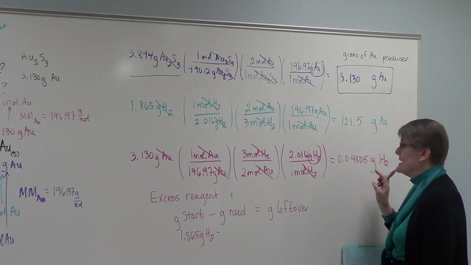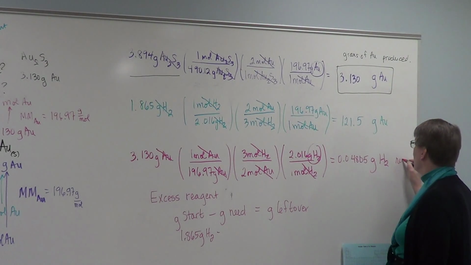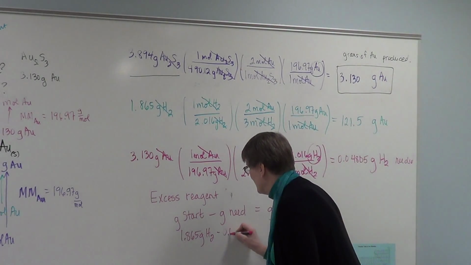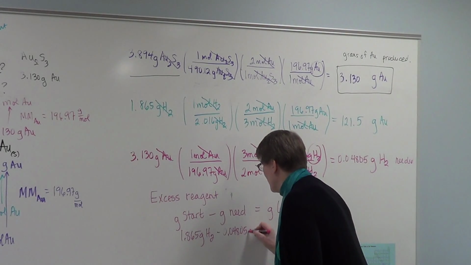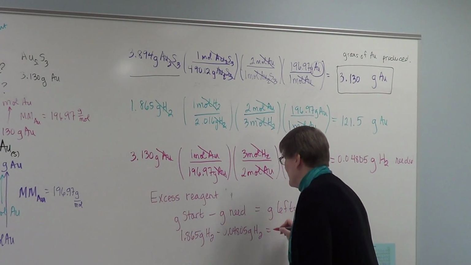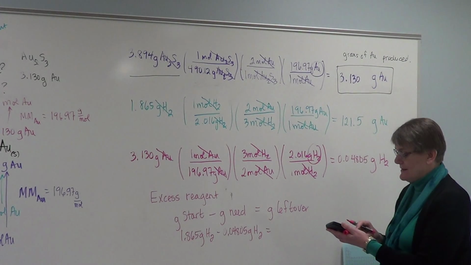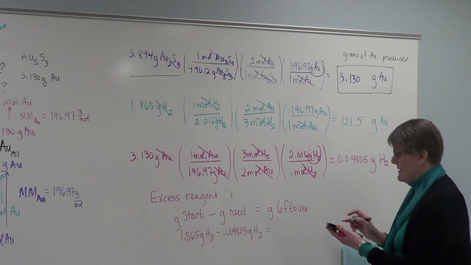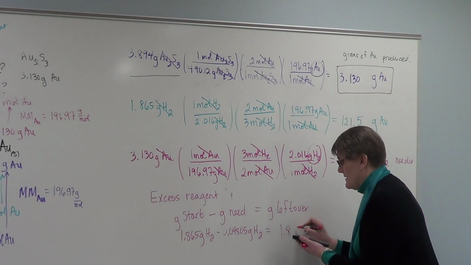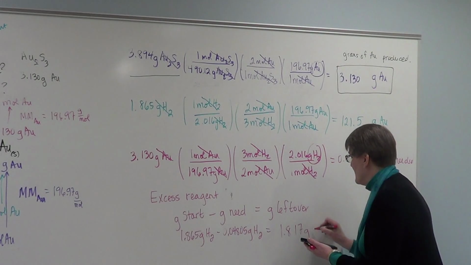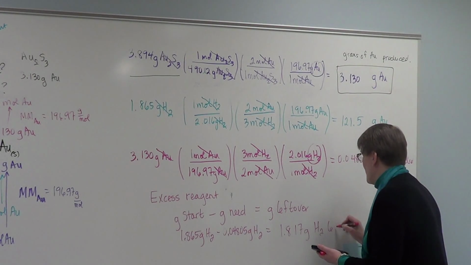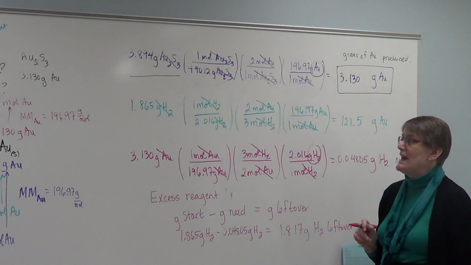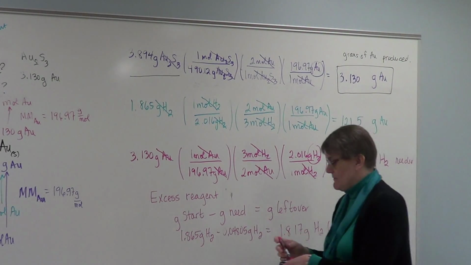We just calculated that we needed 0.04085, subtract the 2. And I have the grams of hydrogen left over. So that's the last part of this question up here.